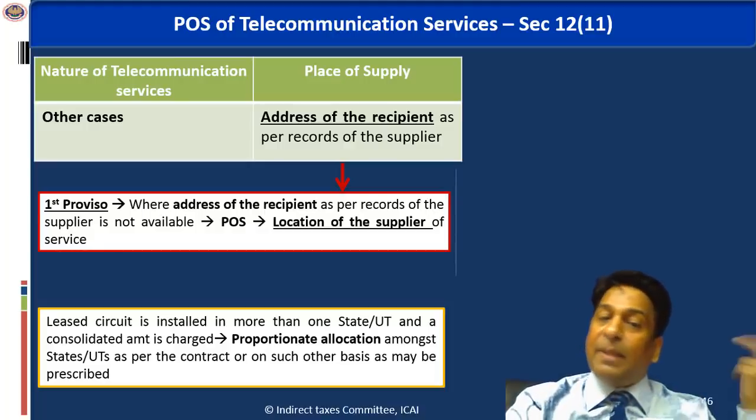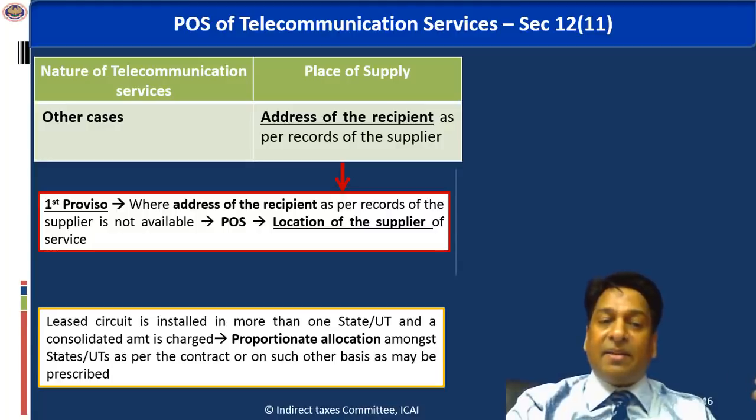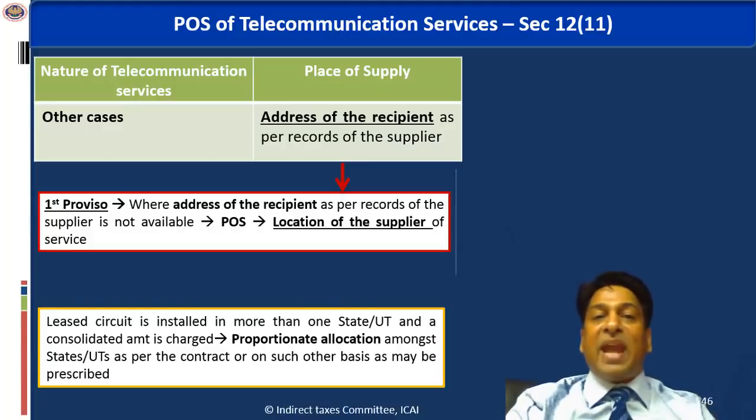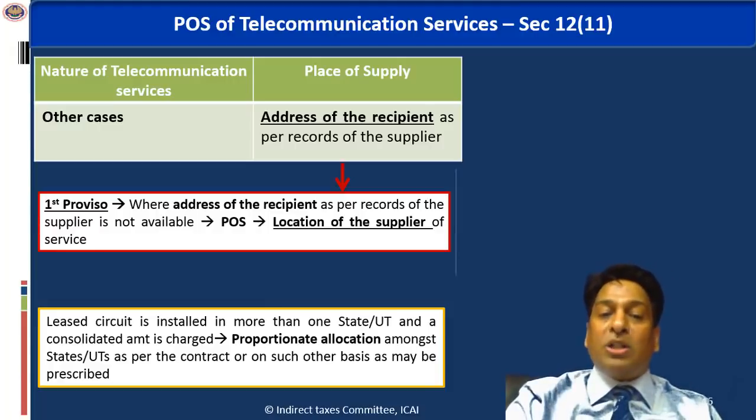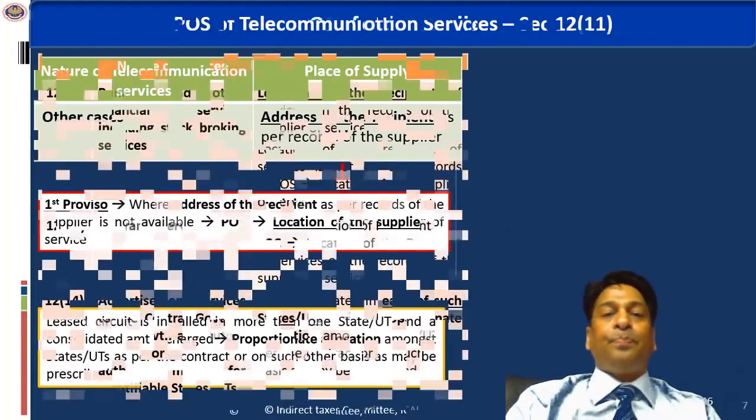If it is not available, then the location of the supplier. In case of a leased circuit installed in more than one state or union territory and a consolidated amount is being charged, then there should be proportionate allocation amongst the states and union territories as per the contract or on such other basis as may be prescribed.